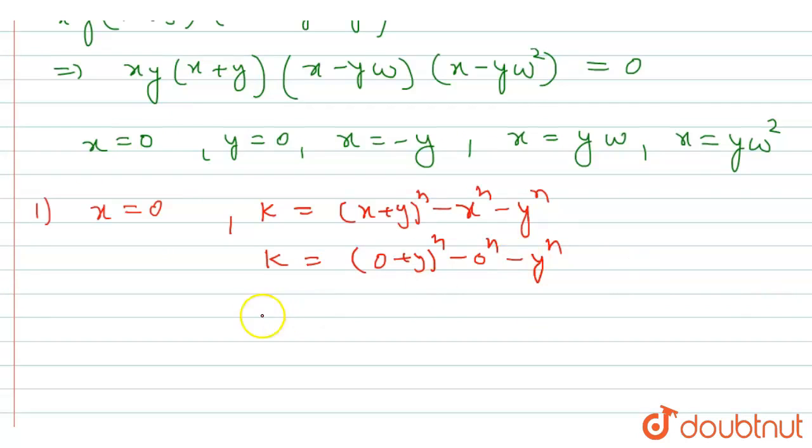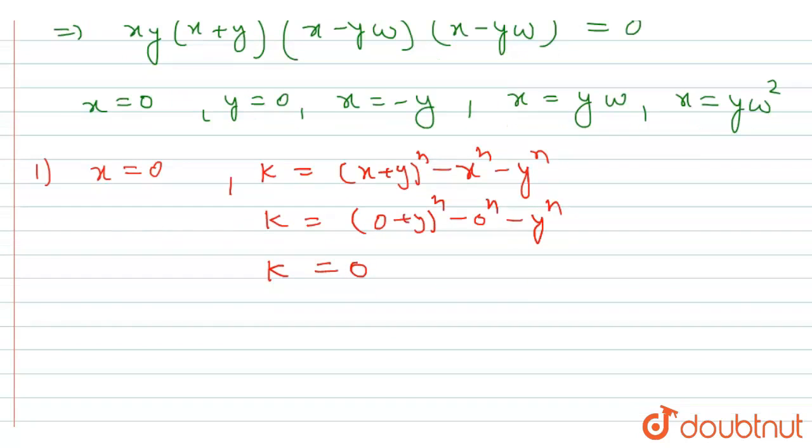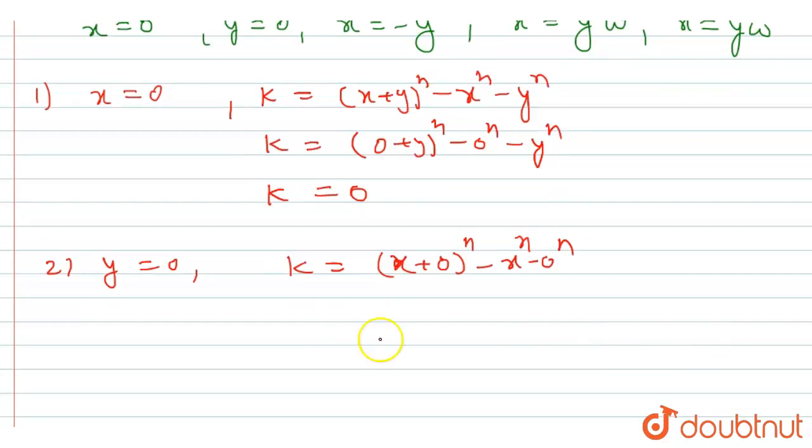Clearly k equals 0, so it is divisible by the given term. Now the next case, y equals 0. Putting y equals 0, k equals x plus 0 to the power n minus x to the power n minus 0 to the power n, so the value of k is 0.